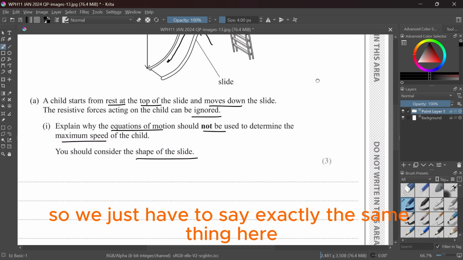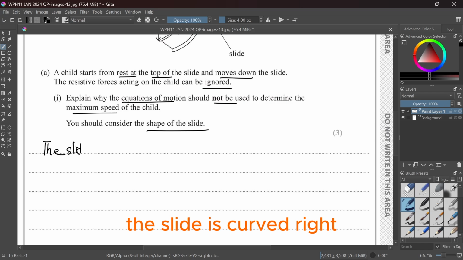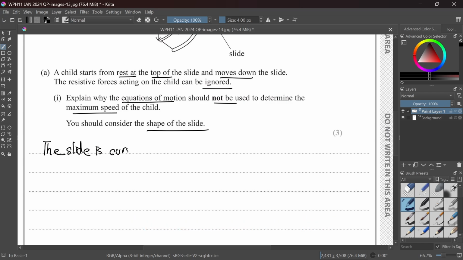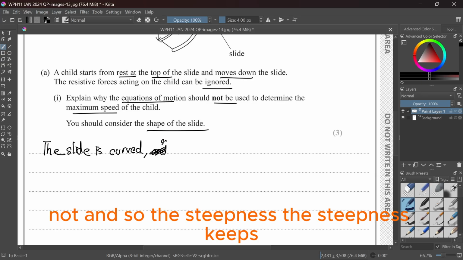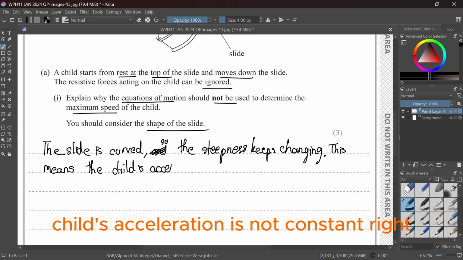So we just have to say exactly the same thing here. We have to say the slide is curved, right? So the steepness keeps changing. This means the child's acceleration is not constant, right?